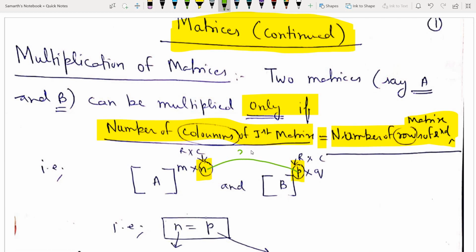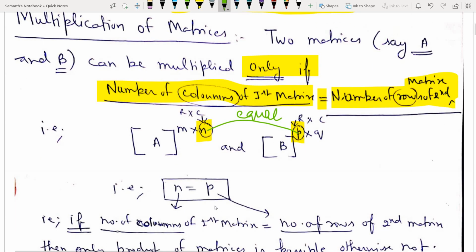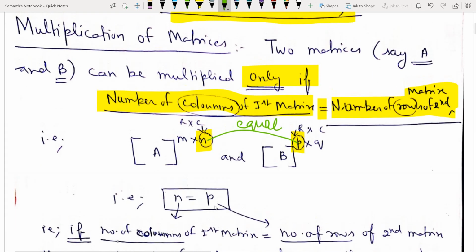For example, I have written the first matrix A of order m by n, and the second matrix B of order p by q. What is m by n? Row by column. That means the number of columns in the first matrix is n, and the order of matrix B is p by q. What is p over here?